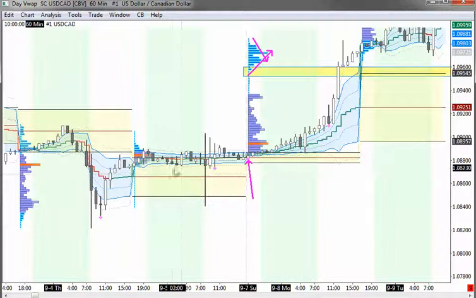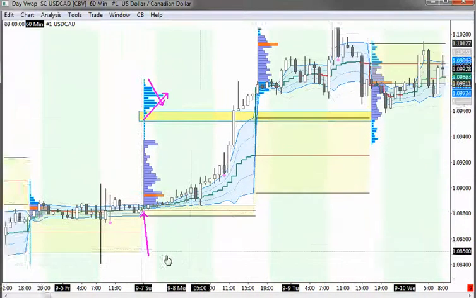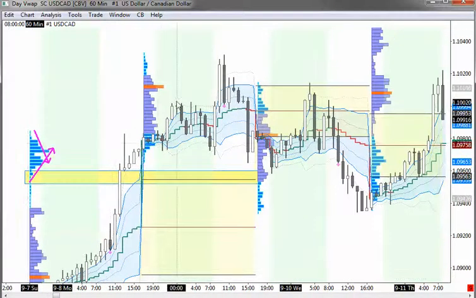we come in and we have a day of oscillation where we open above value, we come down, we test the value area low, we break up above the value area high, and then we come back into value.